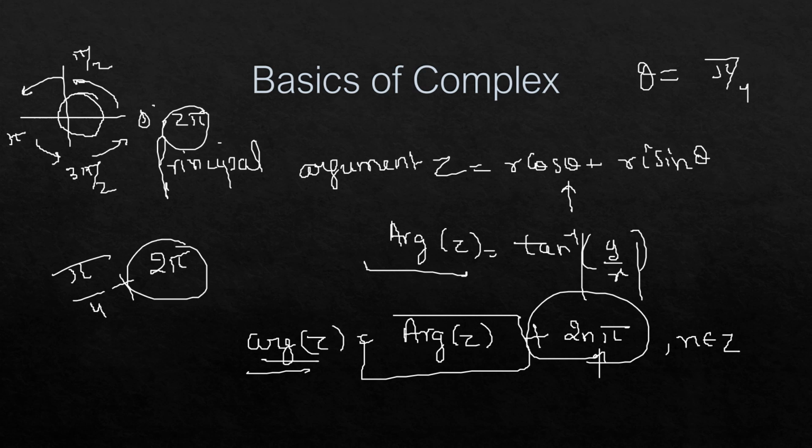So you can add 2 pi, then 4 pi, 6 pi, 8 pi, and it will give you the same modulus. 8 pi by 4 plus pi by 4, so it will be 9 pi by 4. This can be one argument. So this is how you can find out the polar form. You can place your points in the Argand plane, you can find out the principal argument, and you can have De Moivre's r and theta form.